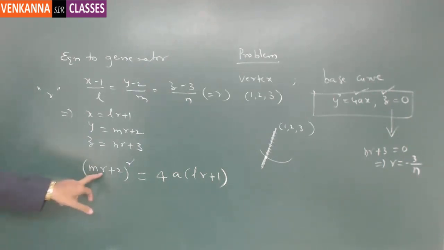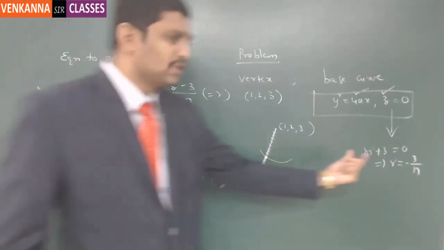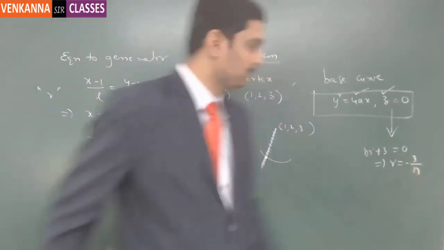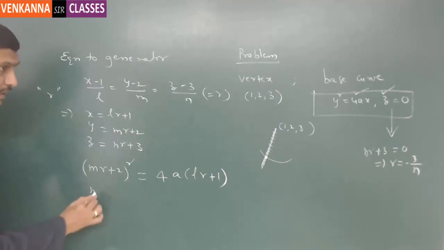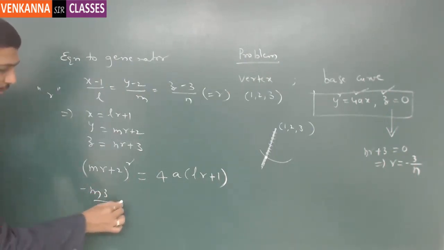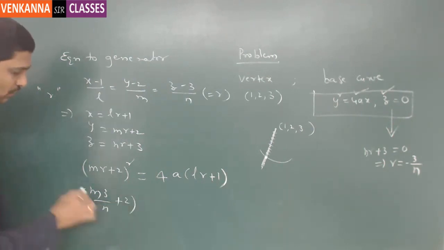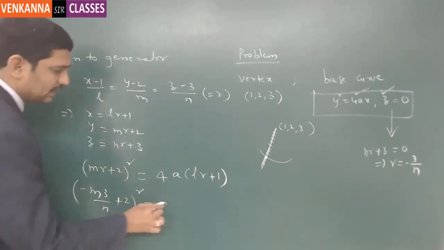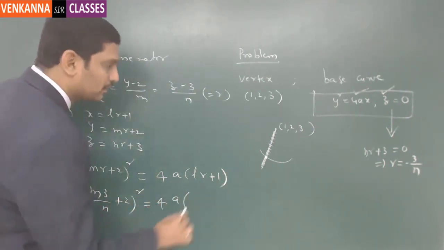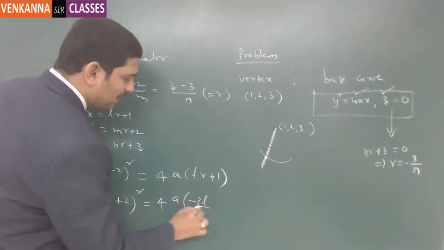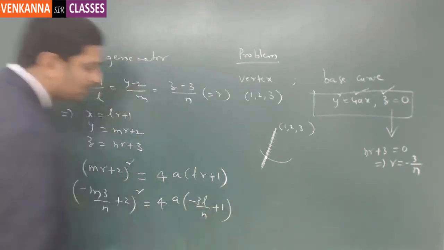Now, in place of r, you substitute the respective value here. So you have (minus 3m by n plus 2) whole square equal to 4a into (minus 3l by n plus 1).